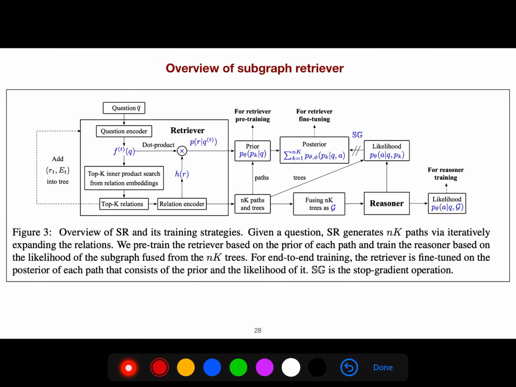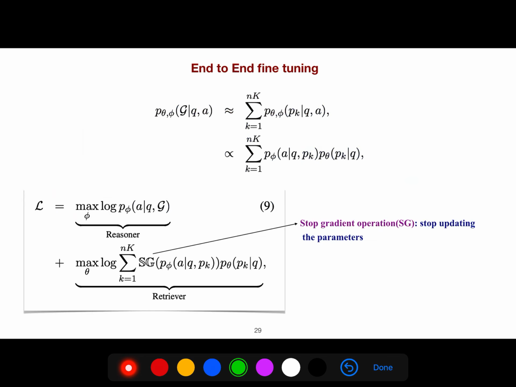And finally, this is the general architecture. I explained the retriever. Now let's focus on the reasoner. Reasoner is just using the likelihood that I've just told you. This is just the likelihood, and of course there is end-to-end fine-tuning as opposed to that decoupling, as I said. You can do it end-to-end.